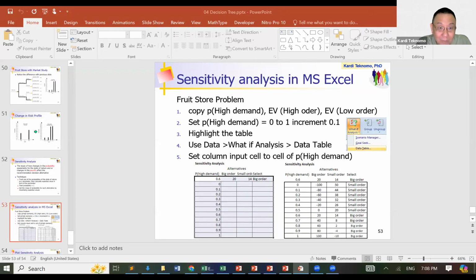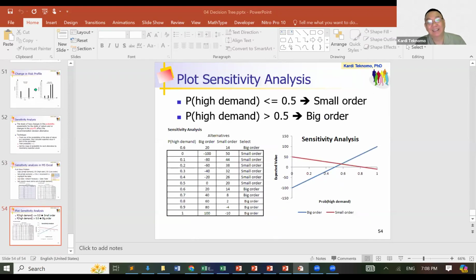Then you plot. From here, you know that if the probability of high demand is less than 0.5, it will produce small order. If the probability of high demand is more than 0.5, it will produce big order. And so these are the usual.